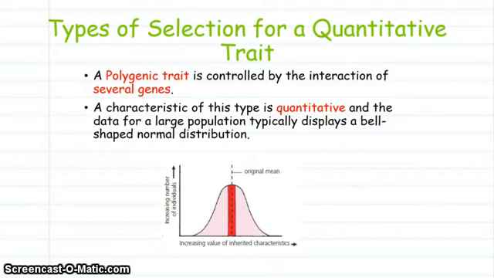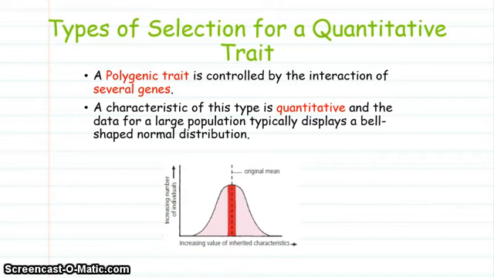Now, let's have a look at several types of selection for what's called quantitative traits. Any characteristic of an organism that's controlled by several genes we term polygenic, and polygenic traits can be measured quantitatively.